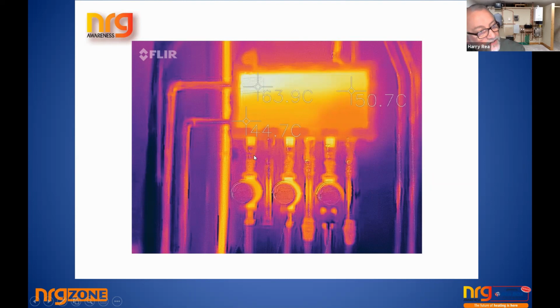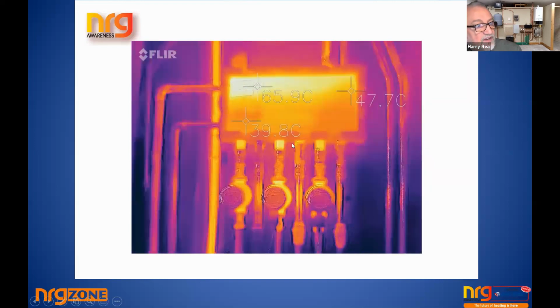But in this scenario, you can see that this zone is calling, but this zone has just turned on, and that's caused too much water, so the heat's rising up. Now, where this zone is bringing back, when it's adjusted, the hot water reaches right across to the last zone. The cold water is being pushed back down, and look at the differential. We've got from 65 to 39.